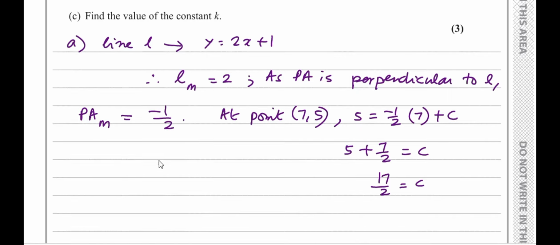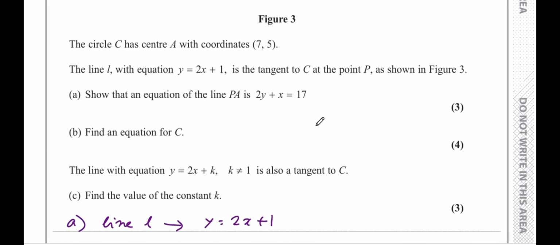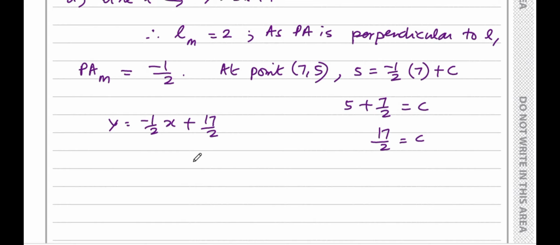Hence, writing it in the form y is equal to mx plus c, y is equal to minus half x plus 17 over 2. Let's look back at what the question wants. We need to write 2y plus x is equal to 17. So we need to multiply by 2 so that the denominators can be removed. So 2y is equal to minus x plus 17. So 2y plus x is equal to 17. That's it.